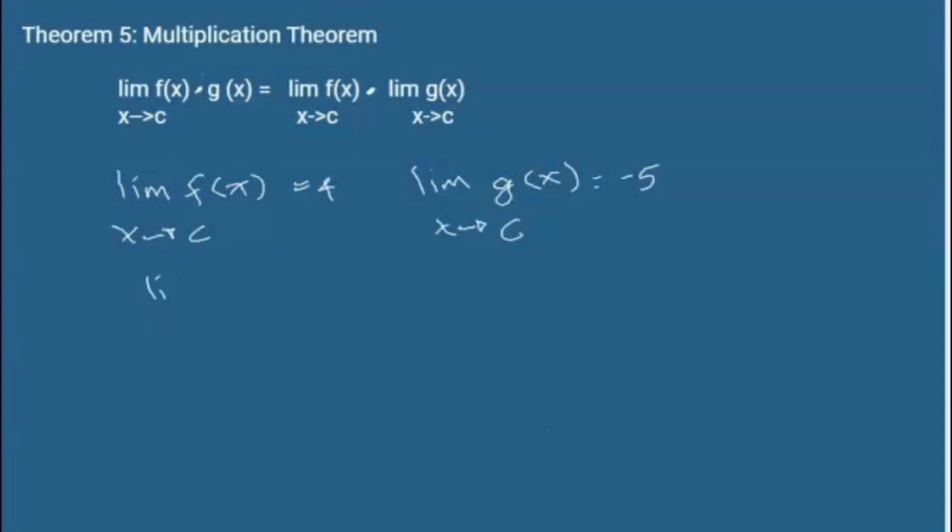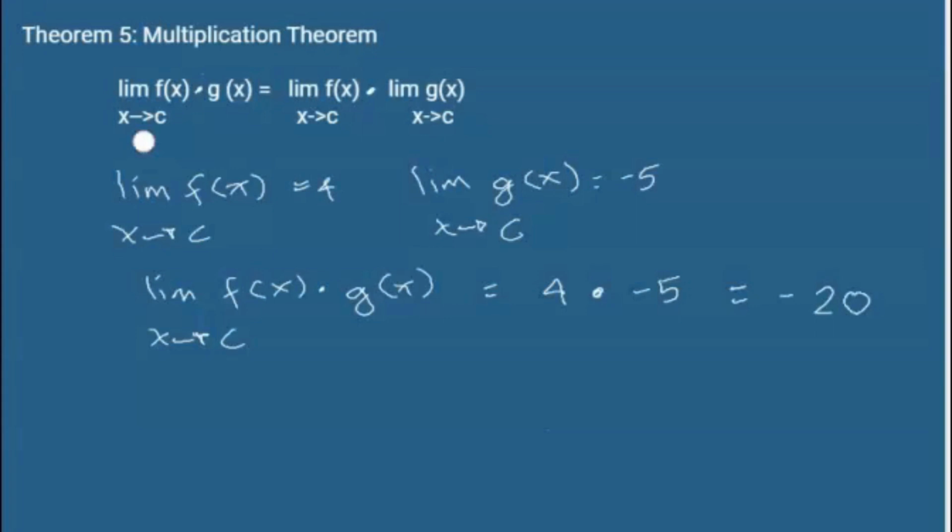So if we get the product of f of x and g of x as x approaches c, this would be just 4 times negative 5, and that is equal to negative 20.